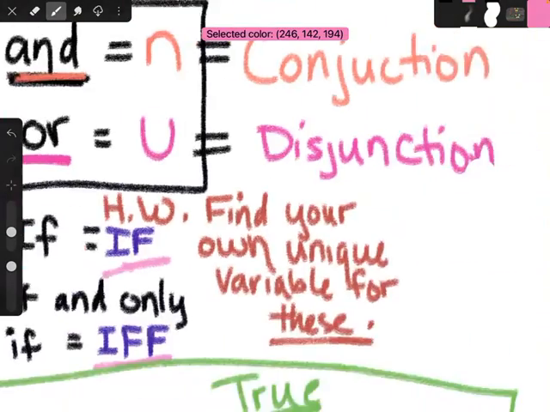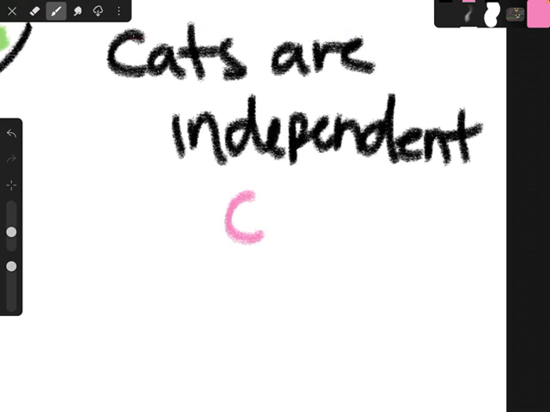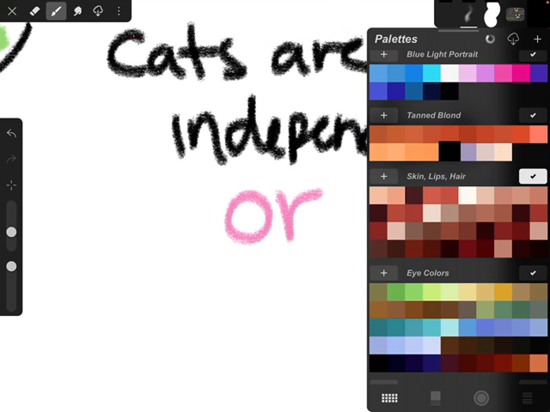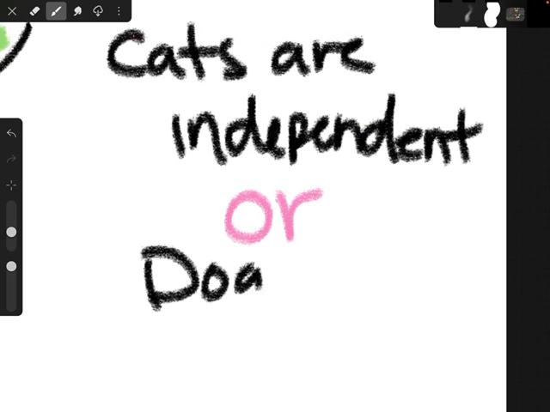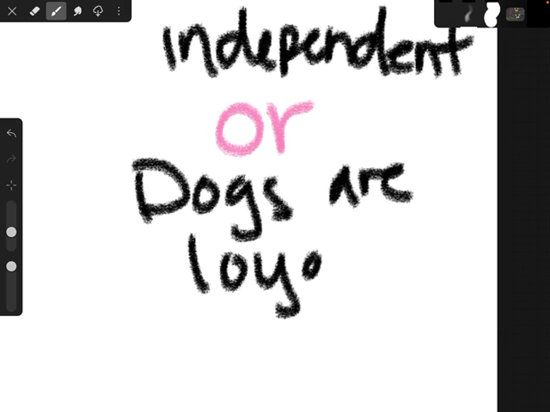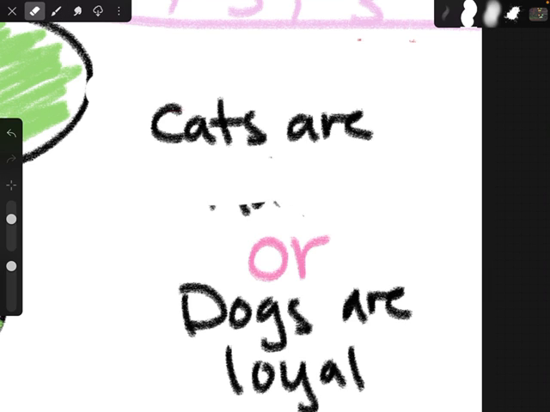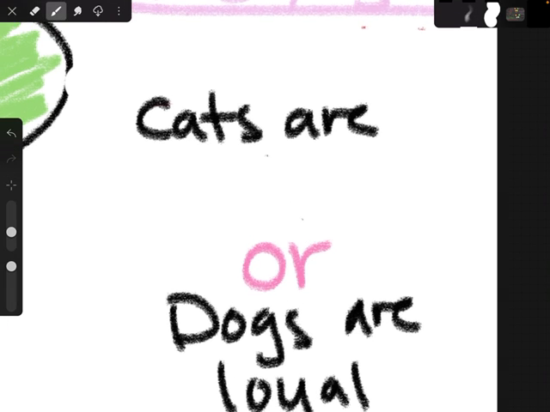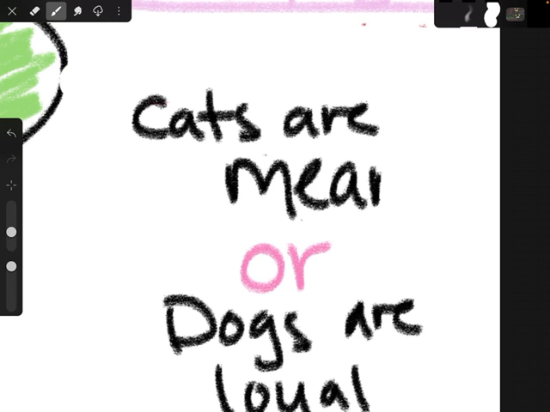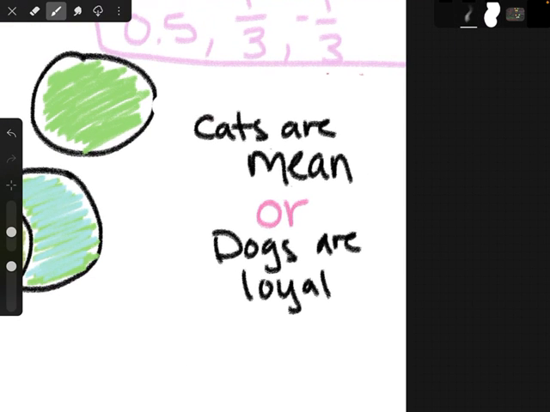Gotta keep that color coding going on. Or dogs are loyal. In fact, let me change this to a more controversial topic, right? Cats are mean, dogs are loyal. Okay, which one do you like? So cats are mean or dogs are loyal.